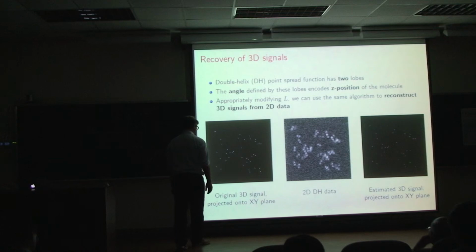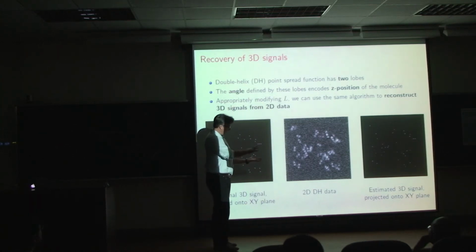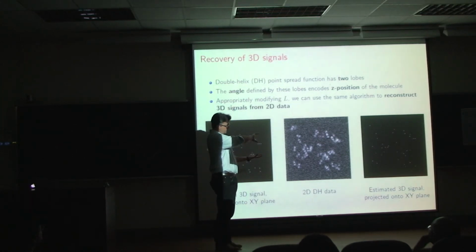So in a very short amount of time, all I can say is that the point spread function that they get is z dependent. Right, so by looking at the point spread function, you can tell what the depth of a molecule is. So they collect 2D images, but because the point spread function is z dependent, you can actually recover depth.